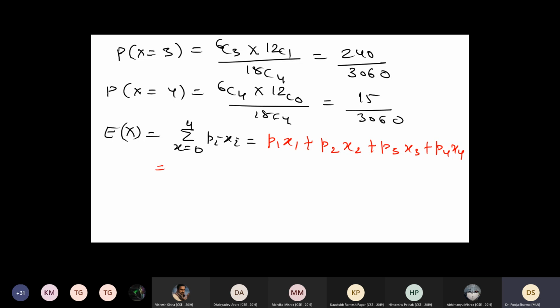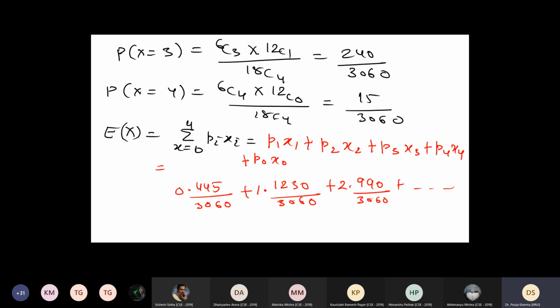Now what was the value of P1? The value of P1 was 1230 upon 3060. Okay, the 0 case is still left, we will have to add P0x0 also. So for P0x0 we get 0 into 445 upon 3060, plus P1 is 1 into 1230 upon 3060, plus P2 is 2 into 990 upon 3060, and so on up to 4 we will do.